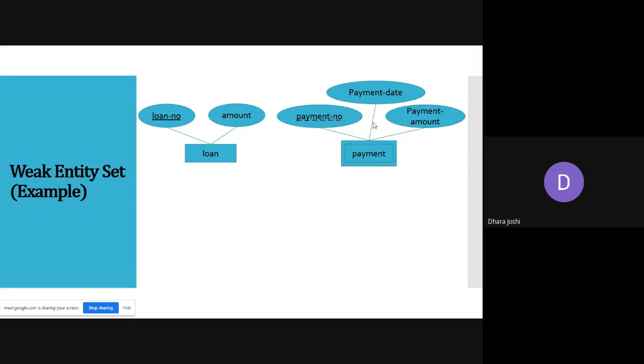It can be installment number 1, installment number 2, installment number 3, but the individual existence of that installment cannot be possible. Why? Because if you are not combining it with the loan, if I am taking a loan, so loan number is something, amount is 4 lakh, and loan is taken by Dhara Joshi.